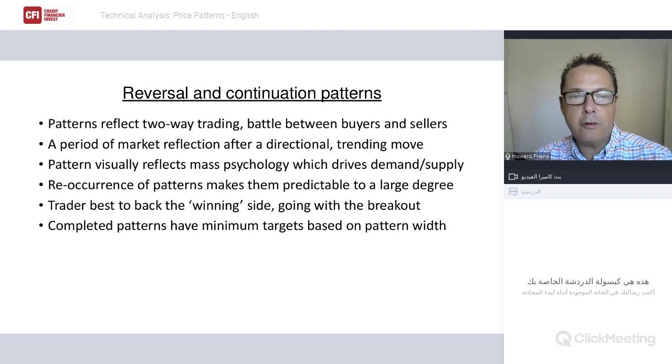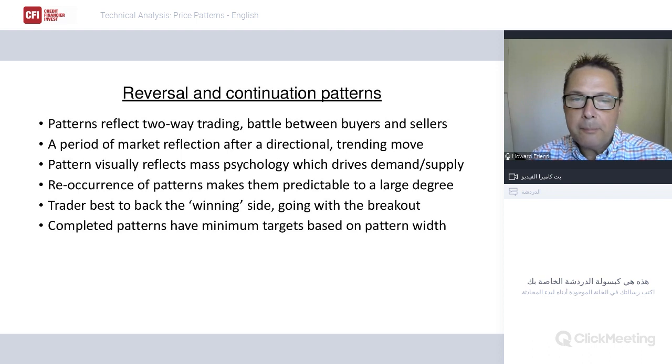So technical theory holds that price patterns are to a large degree predictable, have some predictive value, and because they reoccur, you've got a lot of occurrences of the same kind of pattern, so that gives you a bit of statistical significance, which gives you a good degree of confidence that the pattern could work again in the future, should work again in the future.